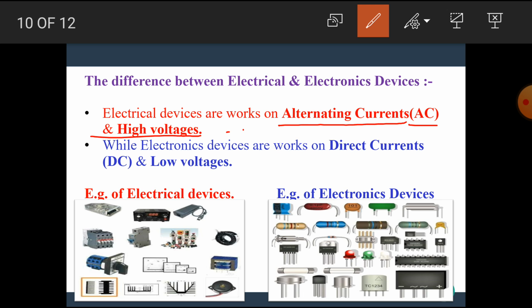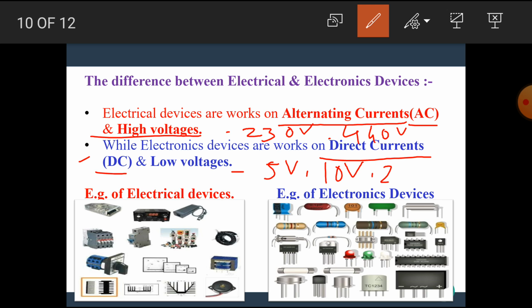The voltage range is about 230 volt or 440 volt. But in electronics, the devices work on direct current and low voltages. The voltages range from 5 volt, 10 volt, 20 volt DC source.